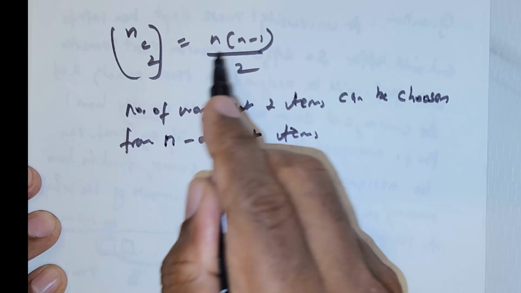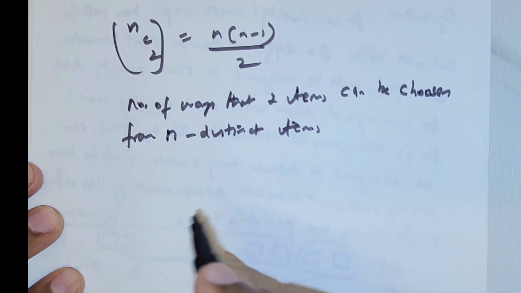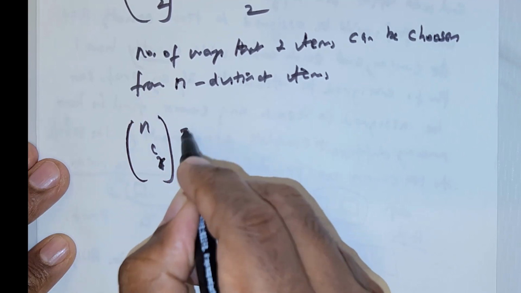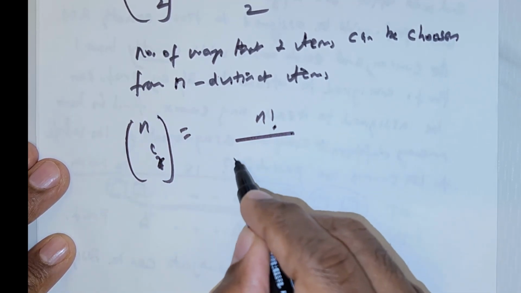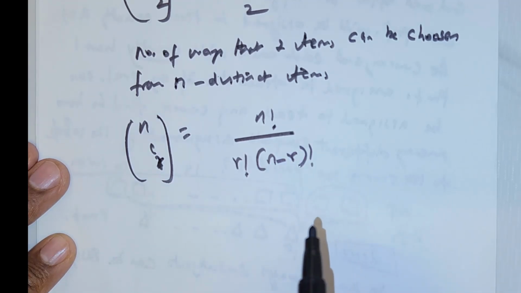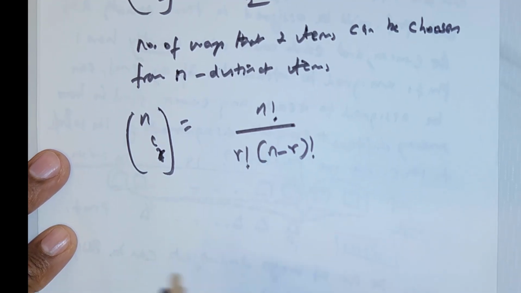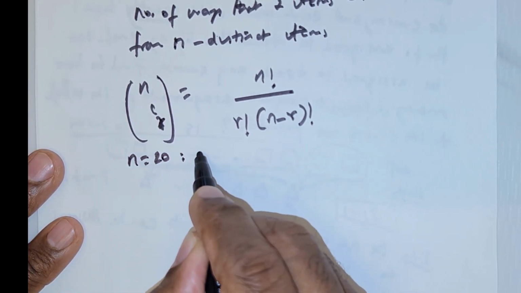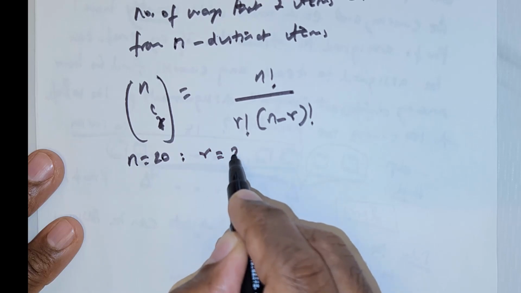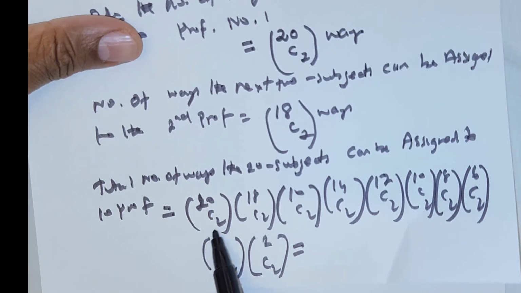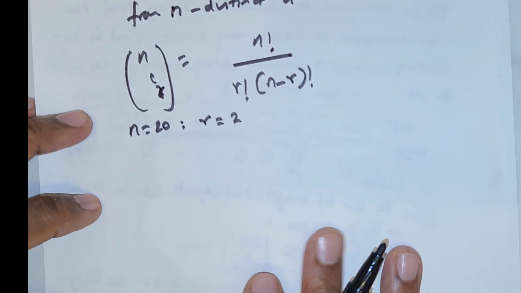Now if you're still wondering how we got this, we got this from the formula NCR, which is nothing but n factorial over r factorial times n minus r factorial.